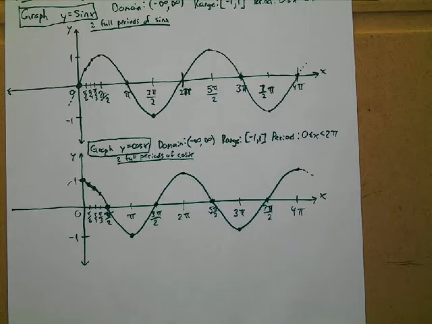All right. So those are the basic sine and cosine, but now we're going to look at what happens when we start to manipulate those graphs. So for example, let's take a look at y equals 2 times the sine of x.